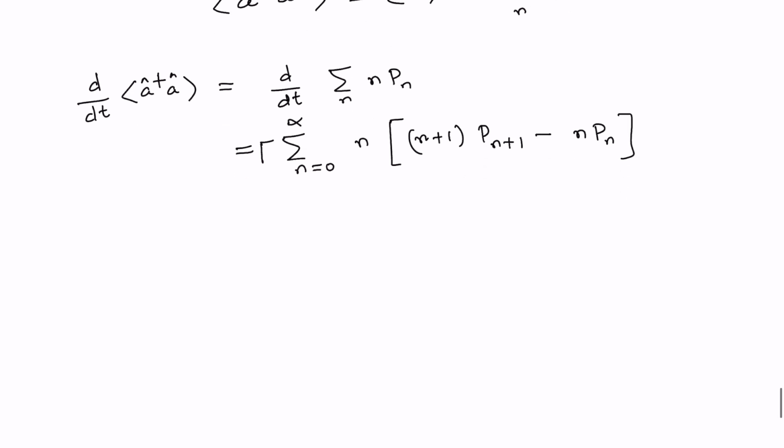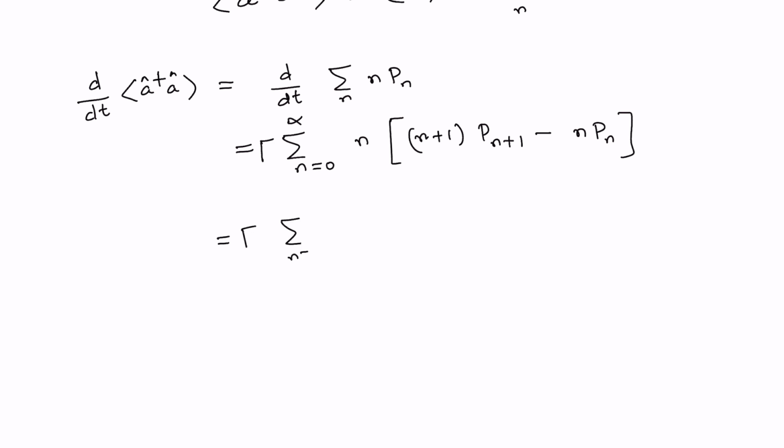Let me open up the terms. Then I have gamma, sum n equal to 0 to infinity. The first term is n (n+1) p_{n+1}. The second term is the summation from n equal to 0 to infinity of n squared p_n.